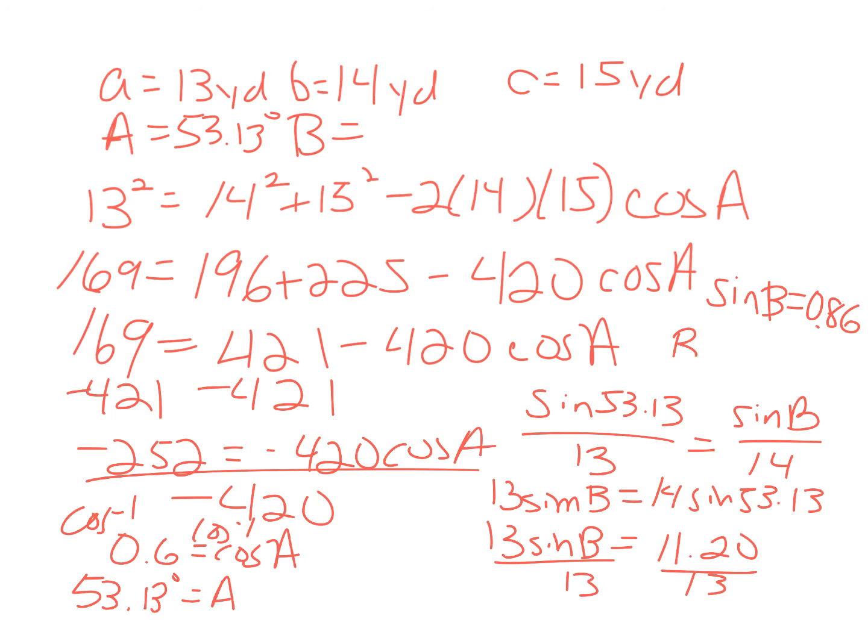Then inverse sine. And I'm going to get capital B is equal to 59.49. Now to find capital C, just take 180 and subtract the other two. And you will get 67.38. So there we go.